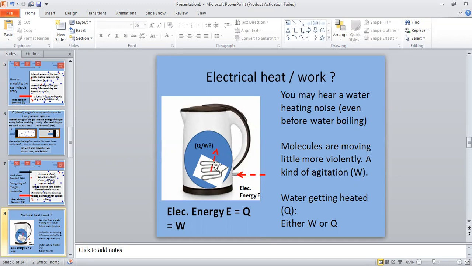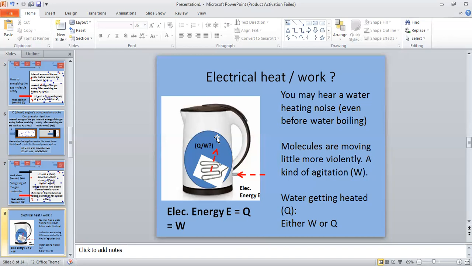Or you can see it as direct thermal energy, the same as the internal energy rise. Rising internal energy, you can notice even from the noise. It's getting energized. Move and move, more noise comes.